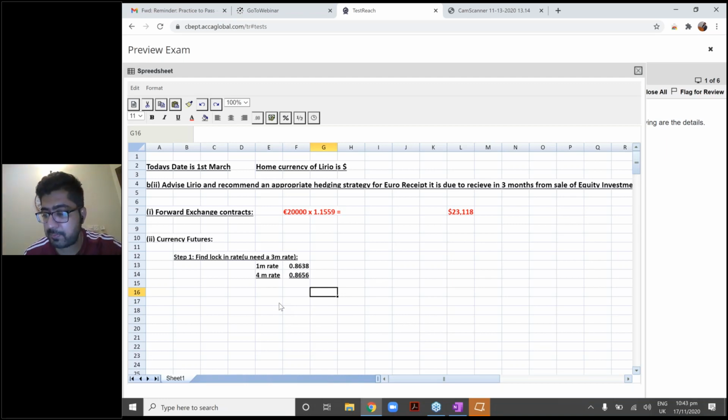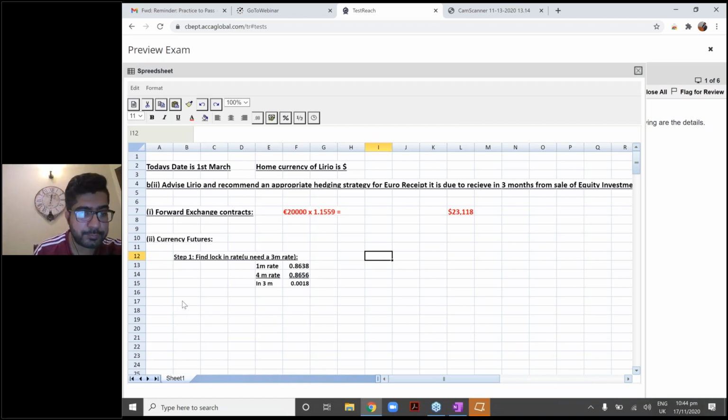What is the trend? It's rising, by 0.0018 in 3 months.